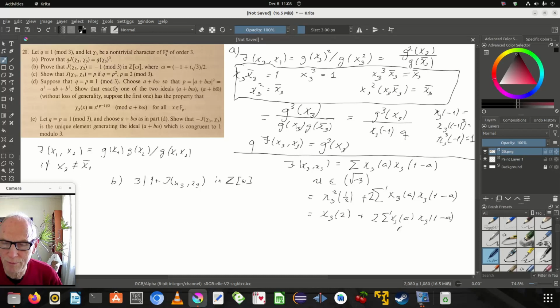So this one, that's silly. It's congruent to 1 modulo 3 times some unit. And this is as well. So it's just congruent to 1 modulo a unit. The product is just congruent to 1 modulo a unit.